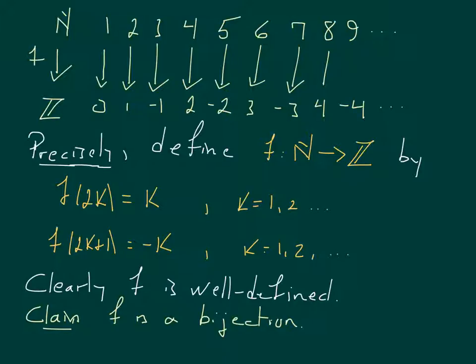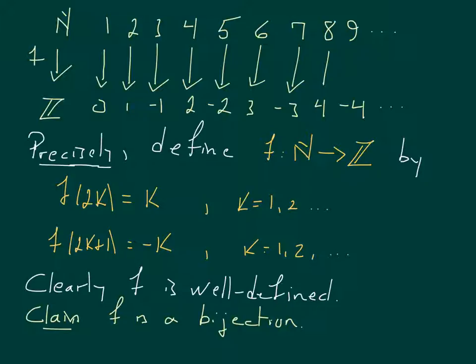Well, clearly f is well defined. What does that mean? Well, every natural number is either an even number or an odd number, and can't be both, and we've defined f at each even number and each odd number in a very precise way, so we've certainly defined a function f from the natural numbers, the positive integers, onto Z. Okay, so f is well defined.